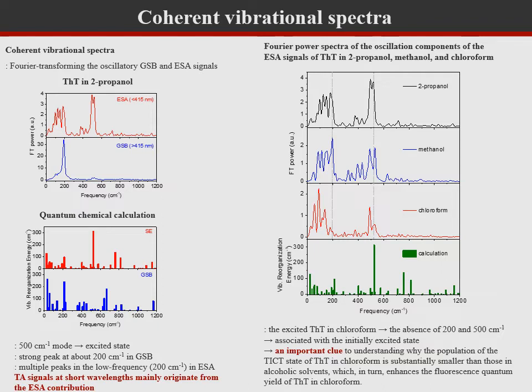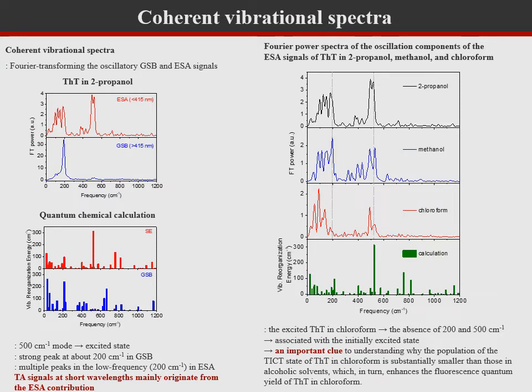Actually, the coherent vibration spectra were obtained by Fourier transforming the TA signals at short times. Therefore, the vibronically coupled modes identified from the coherent vibration spectra are associated with the initially excited state, not the fully relaxed TICT state.